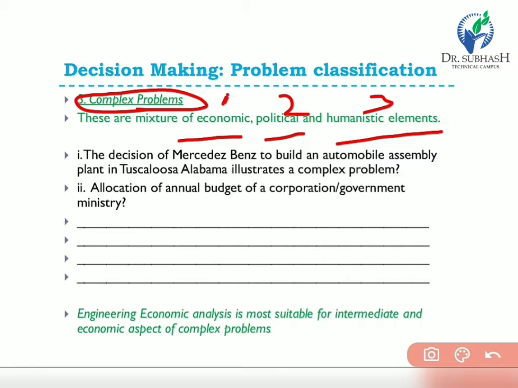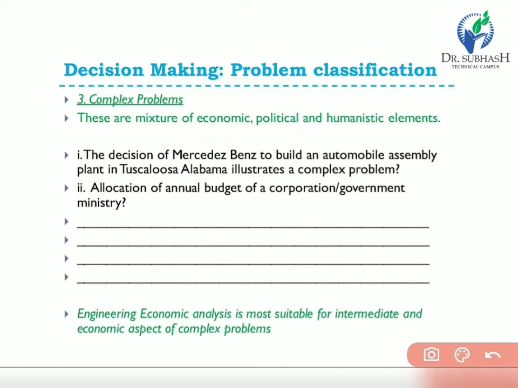We learn it by some examples. The decision of XYZ person to build an automobile assembly plant in any country illustrates a complex problem. If we buy an industry, then what do we source? First, we source, and in which company we want to make it.